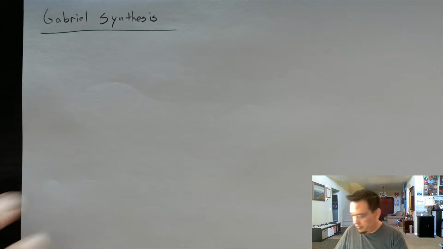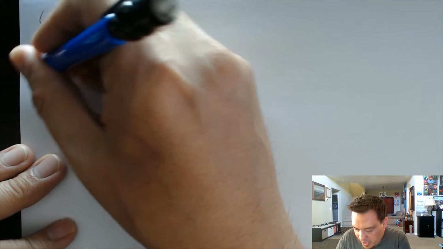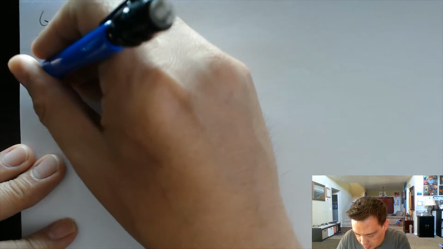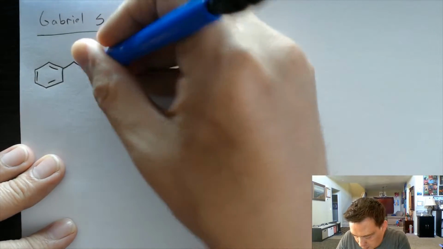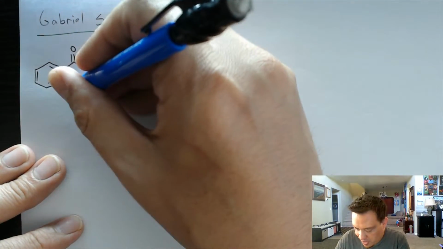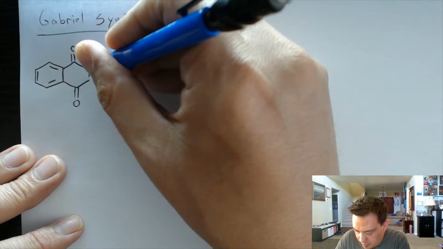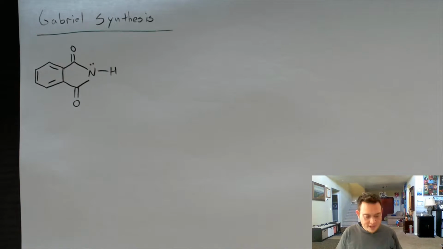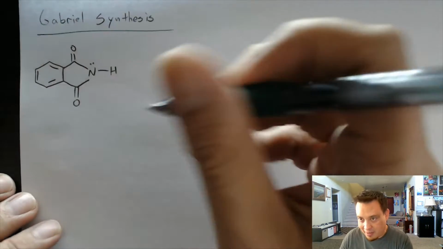All right. So this has a really specific starting point. You guys might remember that we worked with this compound a little bit during the last set of material. We have this compound. This is called a phthalimide.